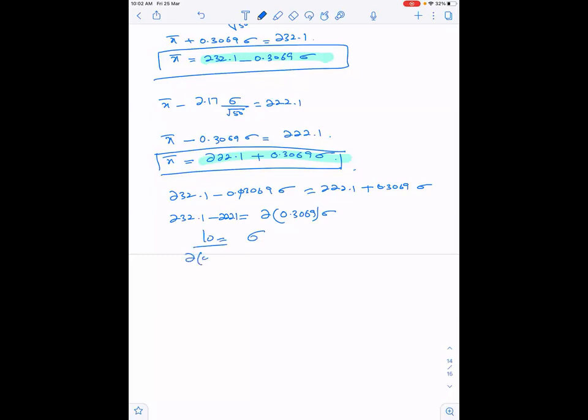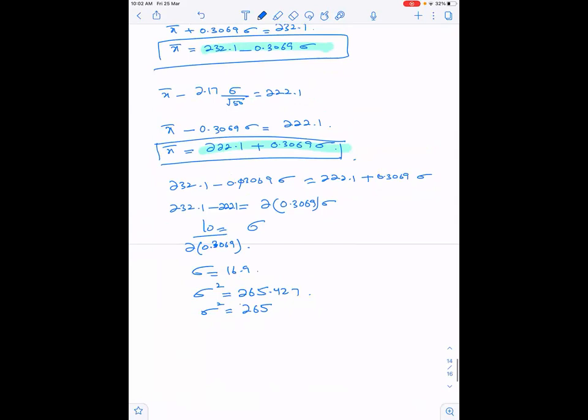Sigma equals 2 divided by 0.3069. So it's 16.29. Great. So the variance would be 16.9 squared, which is 265.427. So three significant figures would be this only.